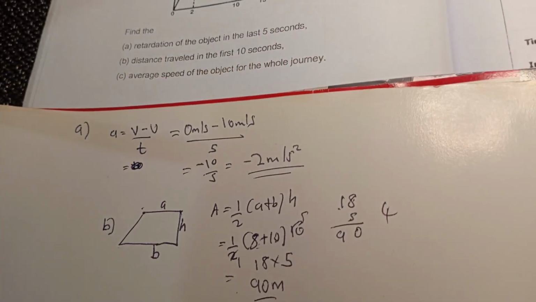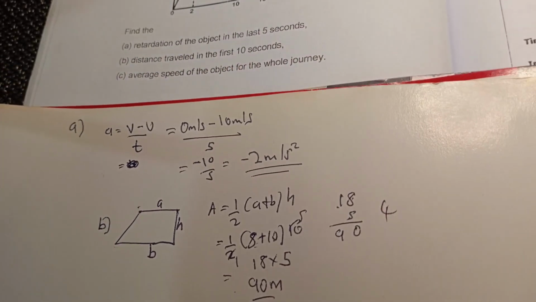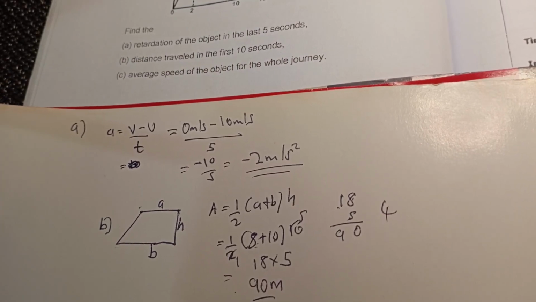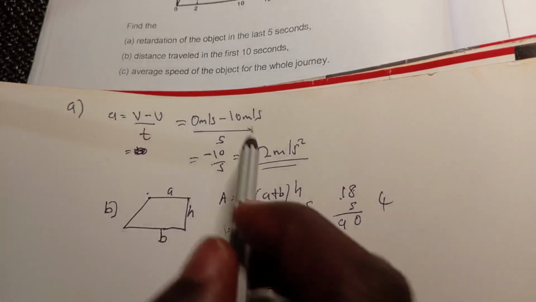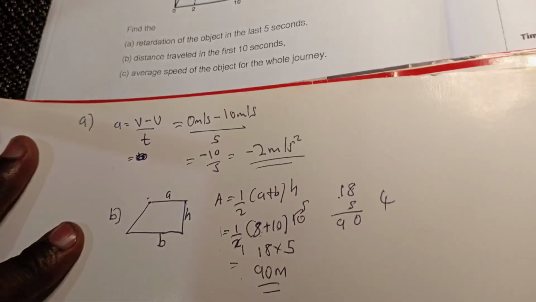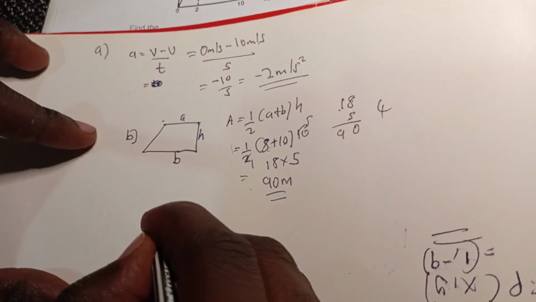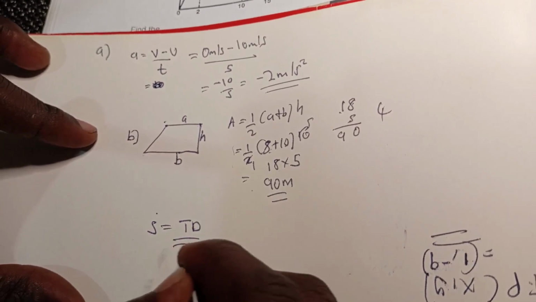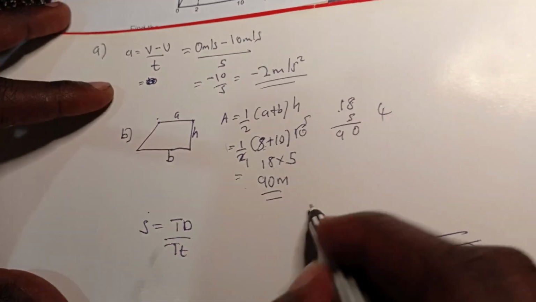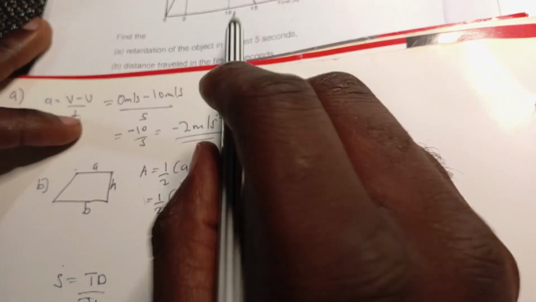The last question says find the average speed of the whole journey. Okay, so for the whole journey, let's just find the total distance. Speed will be equal to total distance over total time. Now total distance, let's find the distance in the last 5 seconds.